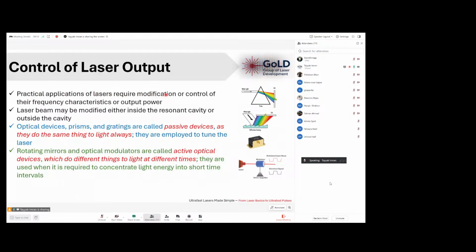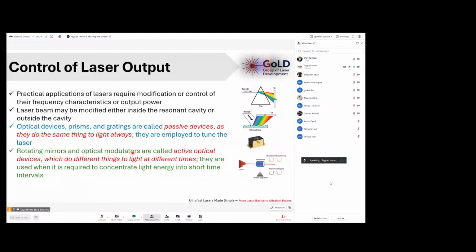For many practical applications, we need a certain kind of laser output. It depends on the application. We may need a different wavelength, and frequency, obviously, so that we get at the output of the cavity the kind of laser we need, controlled in some way.